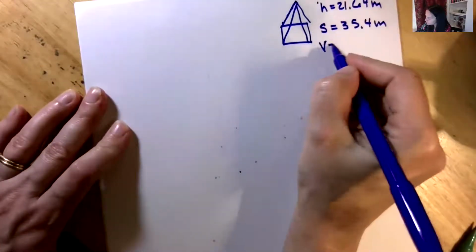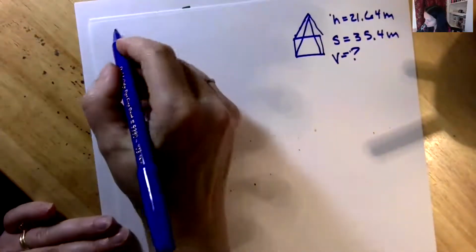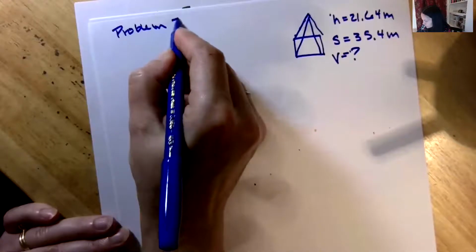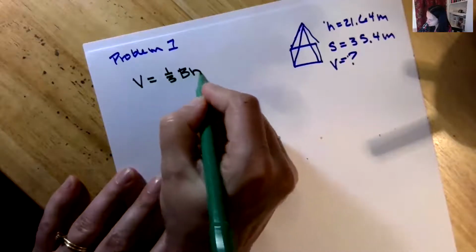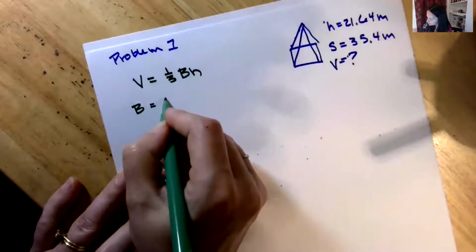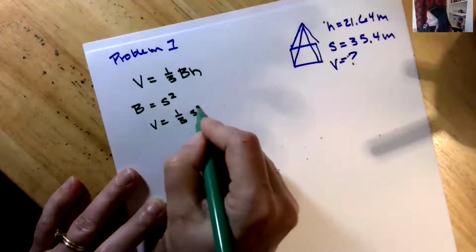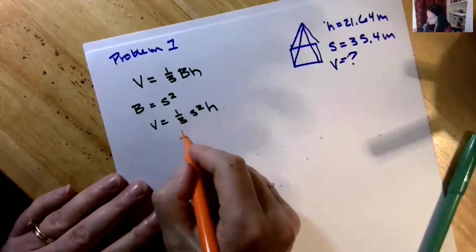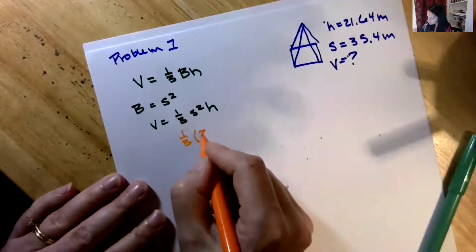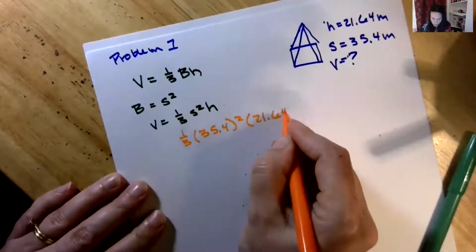So what is our volume? Okay, so the volume of a pyramid is 1/3 the area of the base times the height. Our base is going to be equal to side squared. So our volume is 1/3 side squared times h, which is 1/3 times 35.4 squared times the height, which is 21.64.